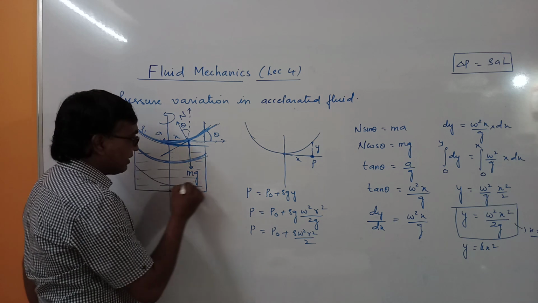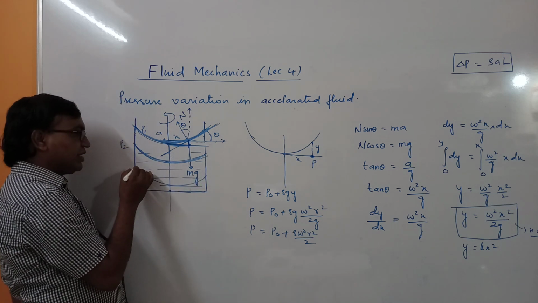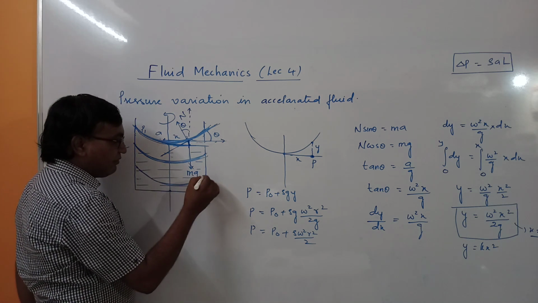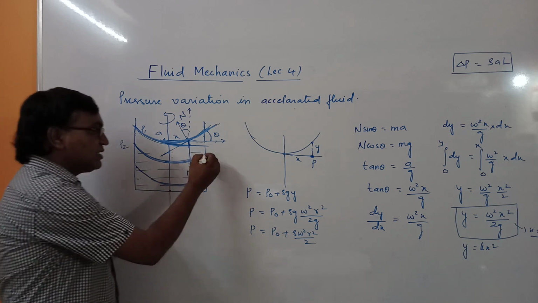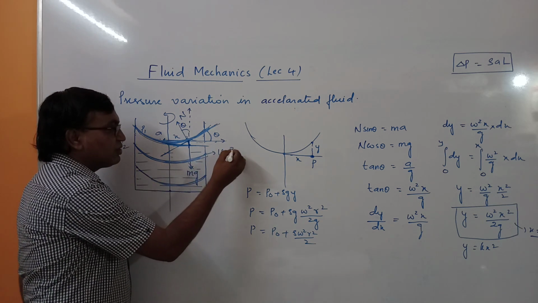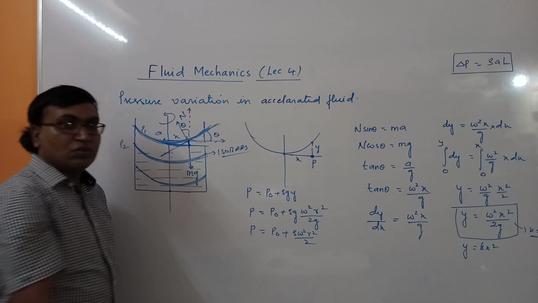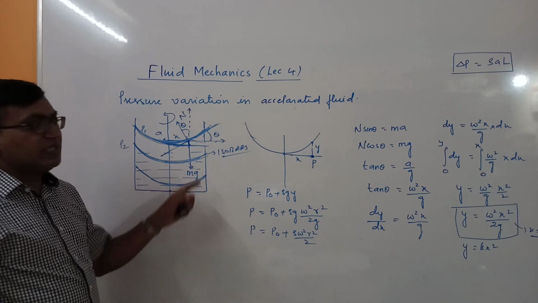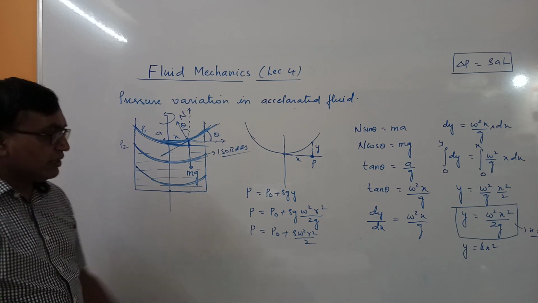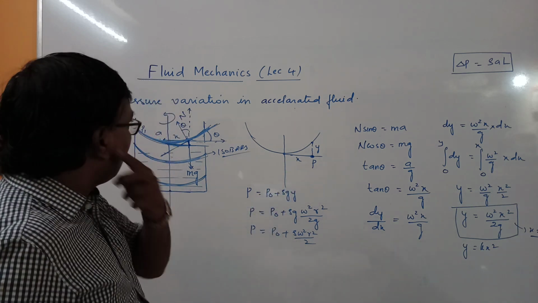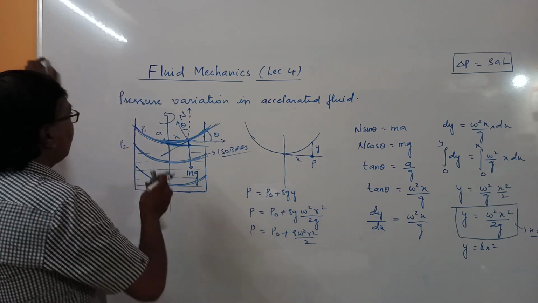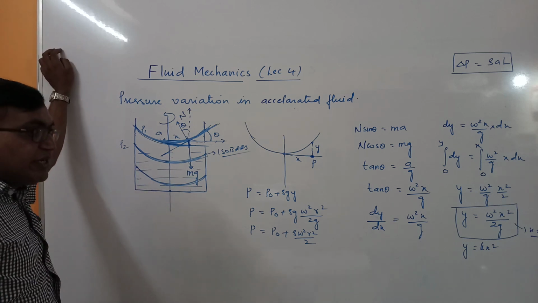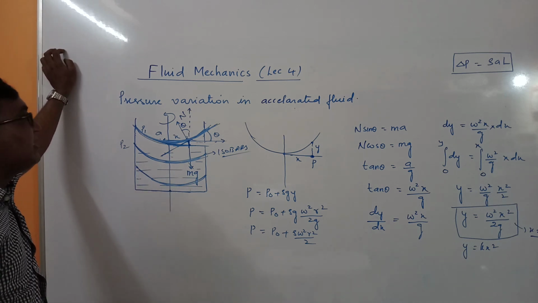Similarly, if here the pressure is P3, on this line everywhere it will be P3. So these lines are isobars, lines connecting points having the same pressure. So this is rotating fluid. Let us take some illustrative problems to understand this.